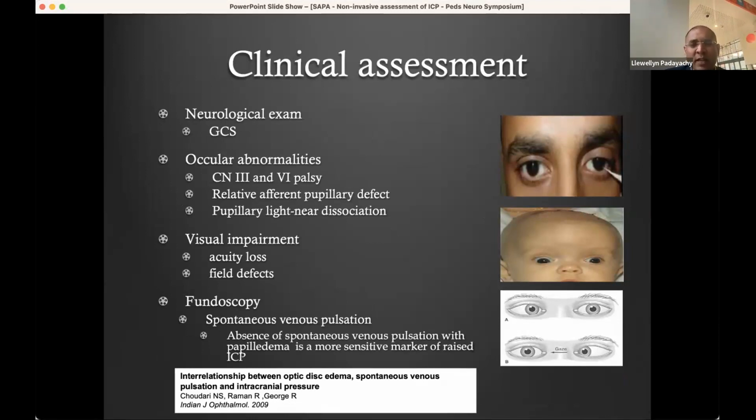We've defaulted now to getting almost every child that comes in assessed by an ophthalmologist. If you have the luxury, which we're fortunate to have at Steve Biko, we ask them to do an OCT as well, optical coherence tomography, and I'll show the value of that a little bit later. If you combine all of these, fundoscopy is incredibly important, and I'll show that in the next few slides. But again, it's very user dependent. You need to know what to look for in a kid. It's incredibly difficult to do.